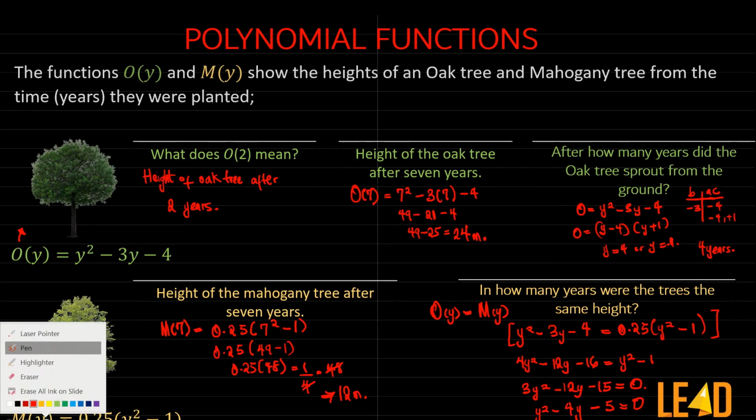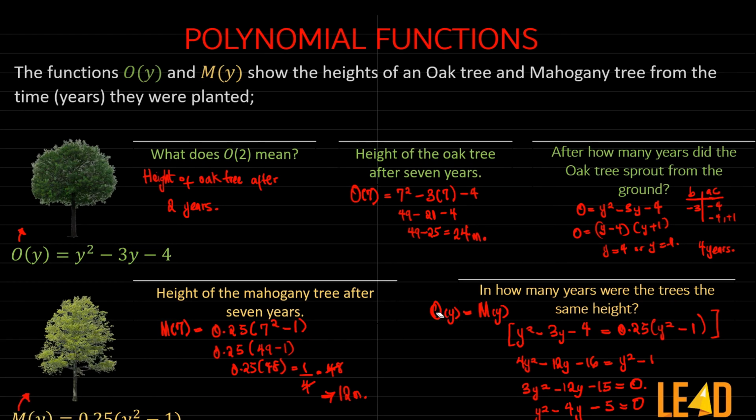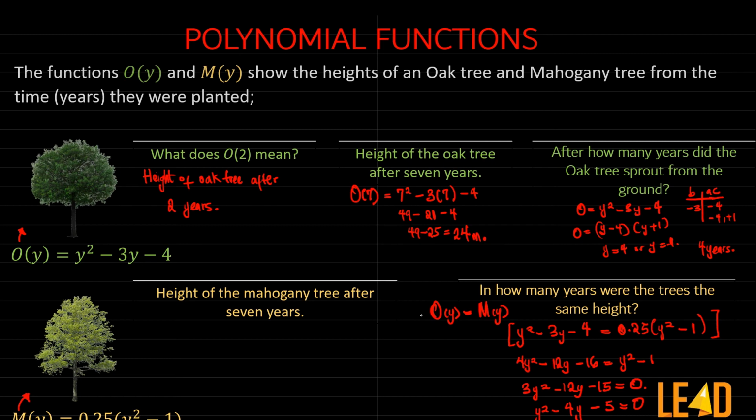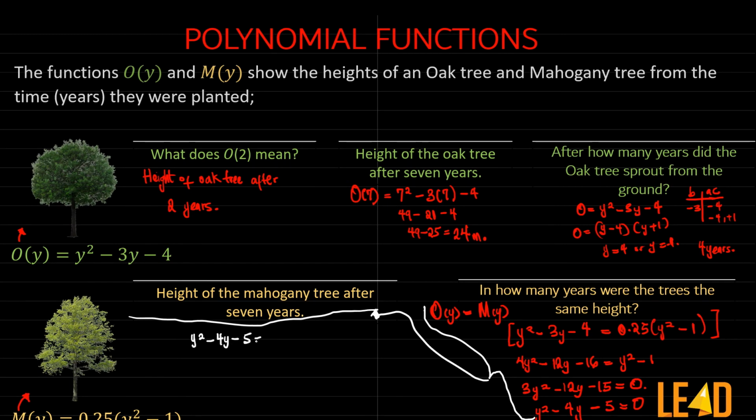Let me take out this one here and move it over here. We have y squared minus 4y minus 5 is equal to 0.